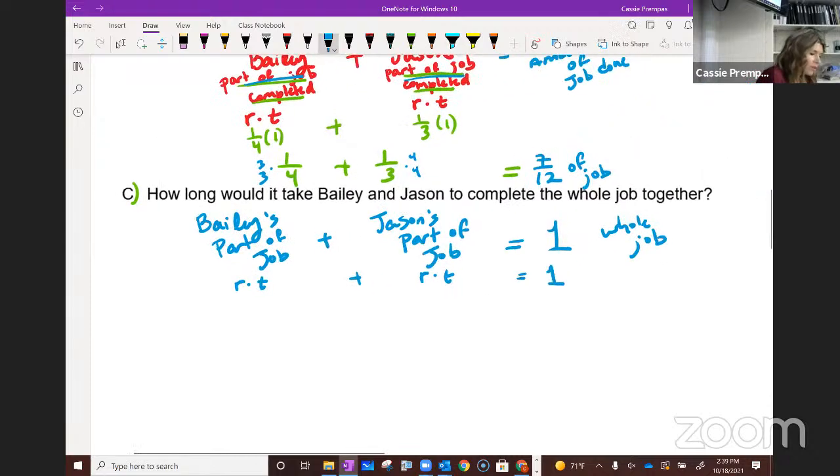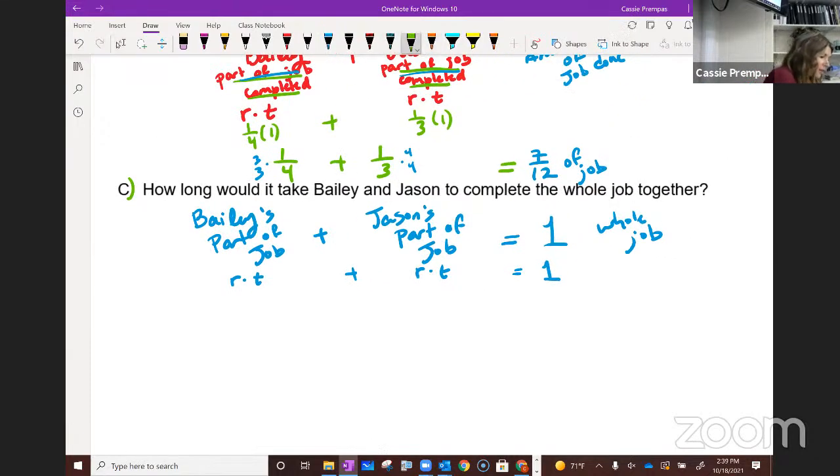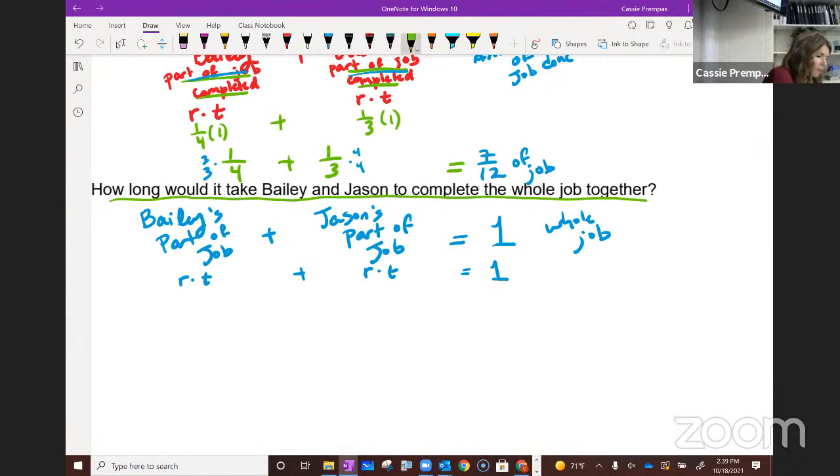Now, what I'm solving for is T, because it says, how long would it take Bailey and Jason to complete the whole job together? So I'm going to say, let T equal the time each person works. I don't know how long it is, but I know that I have to complete one job. So T is what I'm going to be solving for.